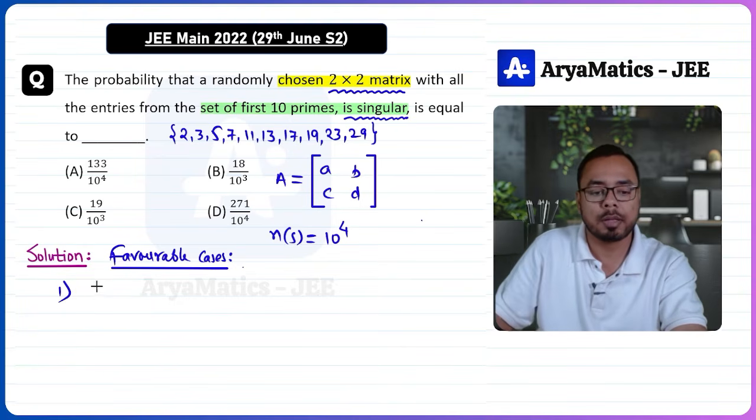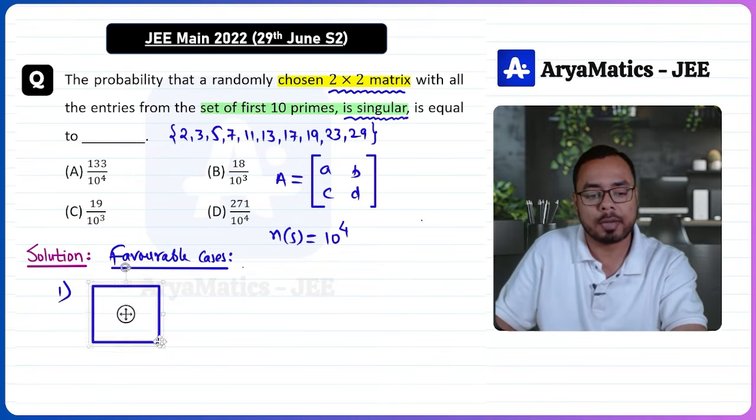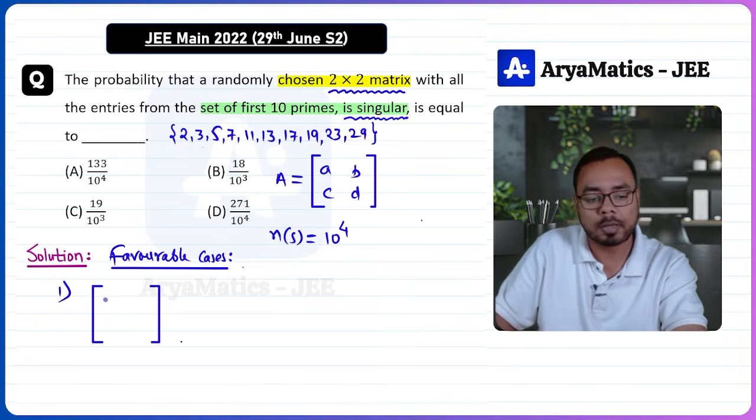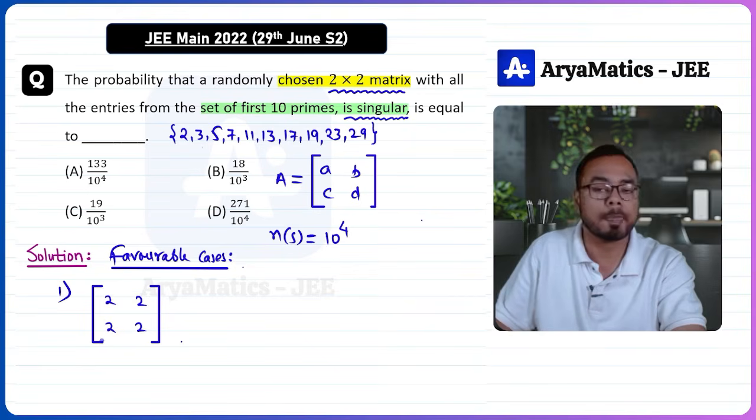For example, let us say if I create a matrix like this, where we have selected any one number from there. Let us say we have selected 2 or 3, any number, and then all the entries are same number. Now, what is the determinant of this matrix? Obviously, the answer is 0, right? So, this is one singular matrix.